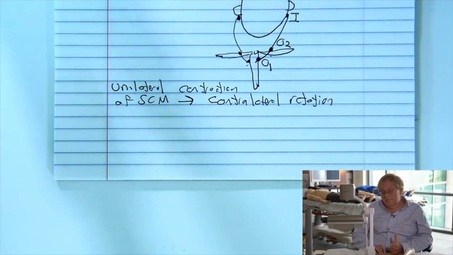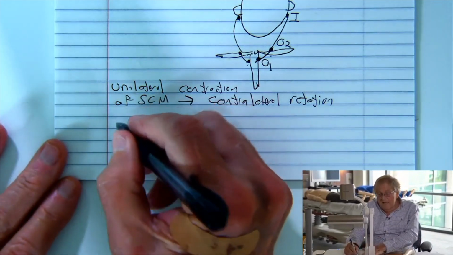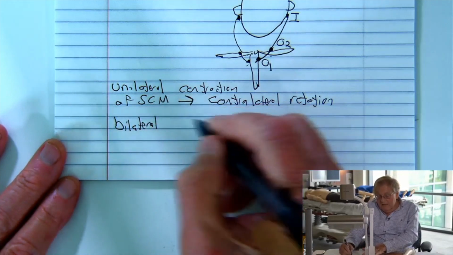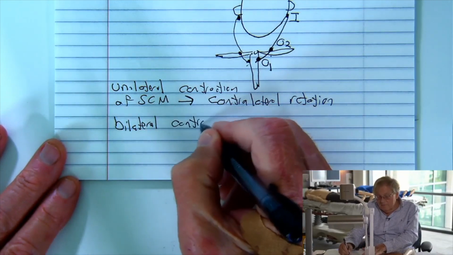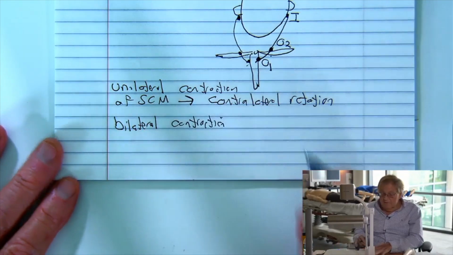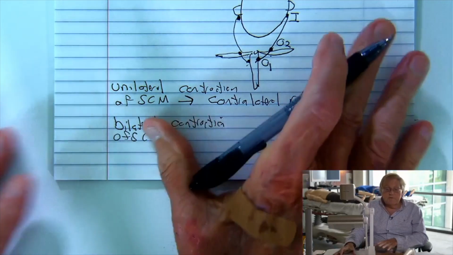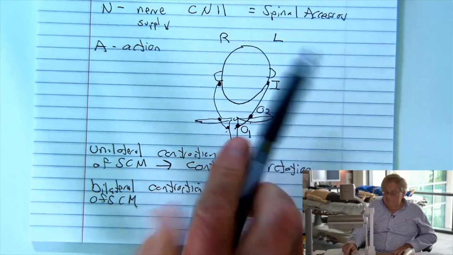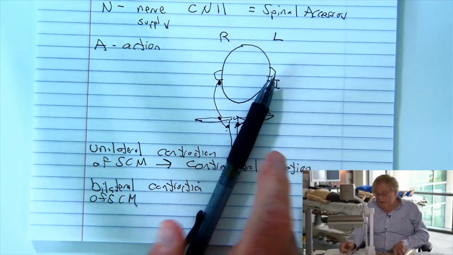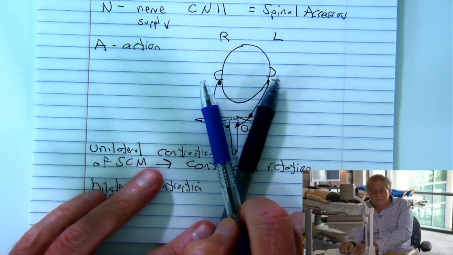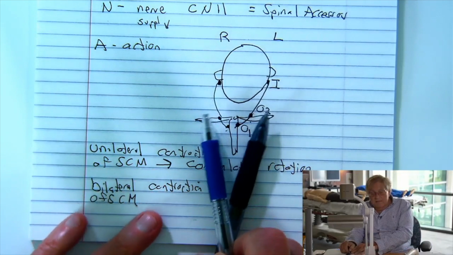The other thing you have to realize is that both of these muscles can contract at the same time. That would be what's called a bilateral contraction. Bi is two. A bilateral contraction of the sternocleidomastoid. What's it going to do? Well, if you just look at this picture, if I pull down with this pen on this side, and I pull down on this side at the same time, it's going to pull my head down.